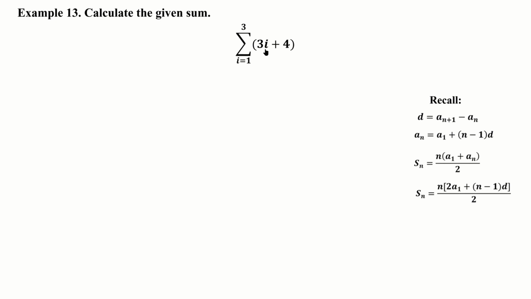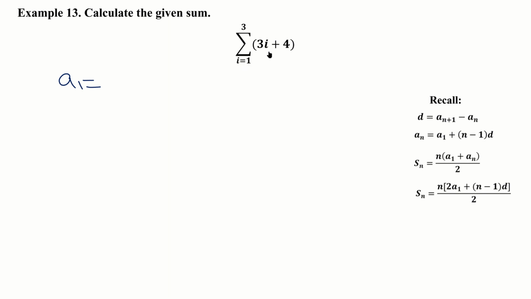All right, so if we're trying to find this sum in this example, notice that it is going to be just the sum of the first three terms of an arithmetic sequence, with a1 being what happens when we run the first value of this summation.